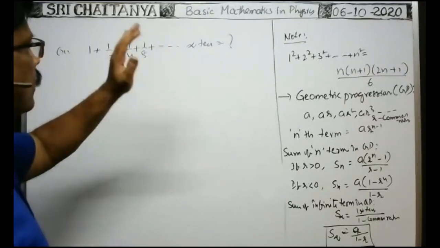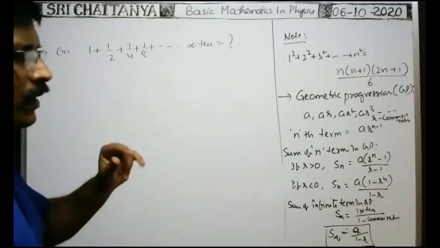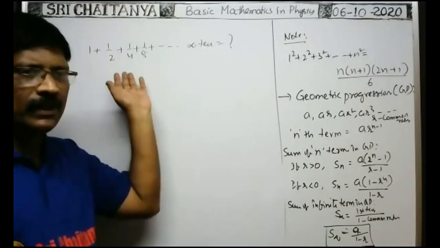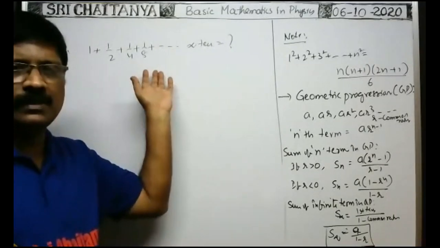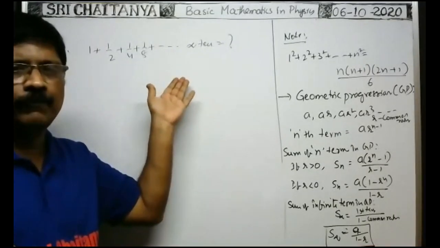Infinite terms are there. Sum of the infinite terms is what? Are the terms of this series in AP or GP? Tell me.